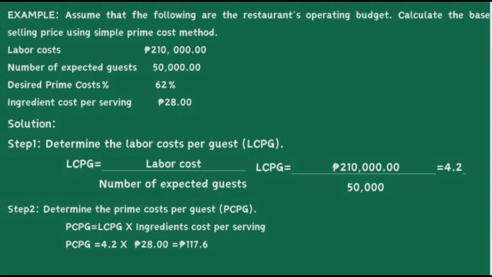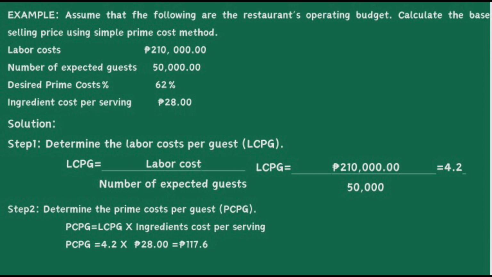Solution. Step 1, determine the labor cost per guest. Labor cost per guest equals labor cost over number of expected guests, equals 210,000, which is the labor cost, divided by 50,000, which is the number of expected guests, equals 4.2. Step 2, determine the prime cost per guest.